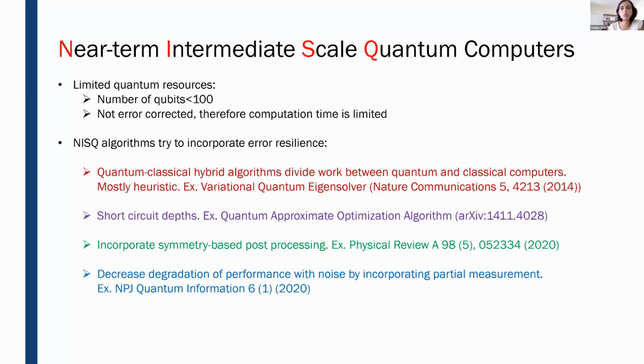And then there are some clever techniques that incorporate partial measurement to decrease the degradation of performance. In NISQ computers, we're not error correcting every single qubit or every single gate. But for instance, say you have an oracle in Grover search.